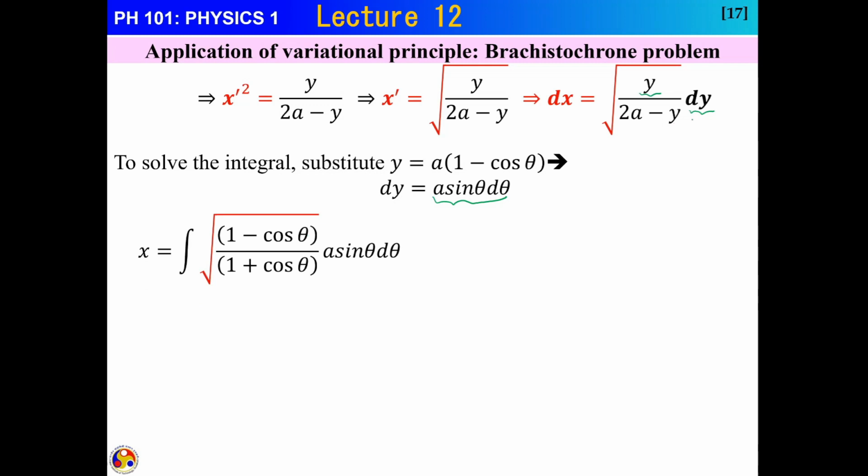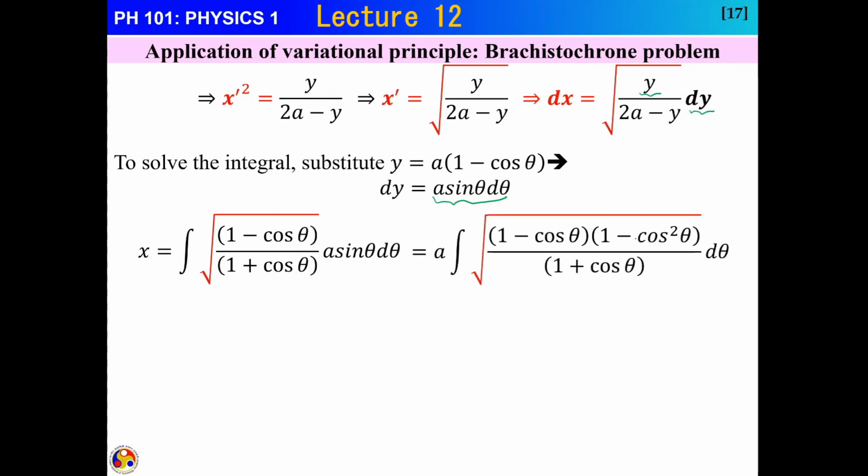So you are going to get 1 minus cos theta. So when you put a into 1 minus cos theta here, the a gets cancelled. So you will have 1 plus cos theta coming up. So here you have a sin theta, and the a that is common here for y would be cancelling it out. Now we can bring the sin theta also into the root. So it will become sin square theta, or I can write it as 1 minus cos square theta.